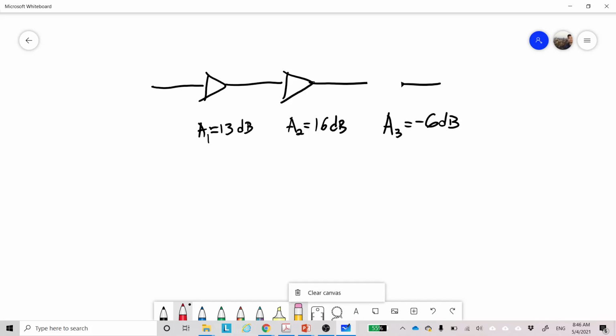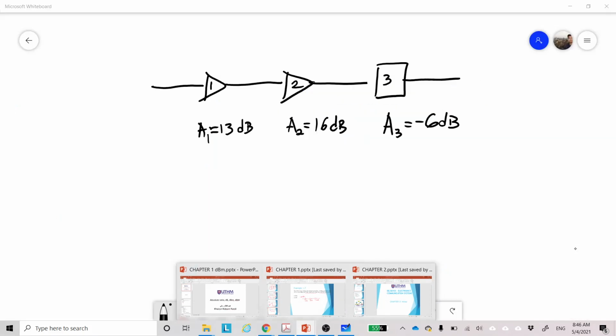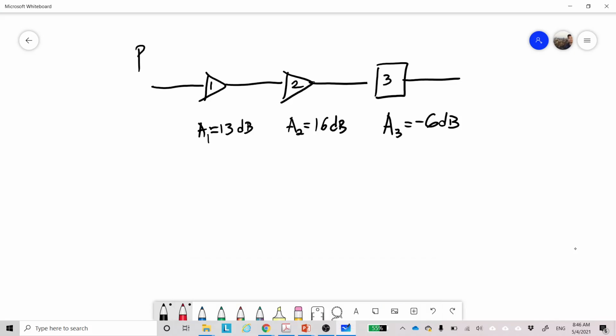So maybe I will revise my drawing. I make it like this. This is number 1, number 2, and also number 3, and the question gives the input as minus 20 dBm. So the input power is minus 20 dBm.